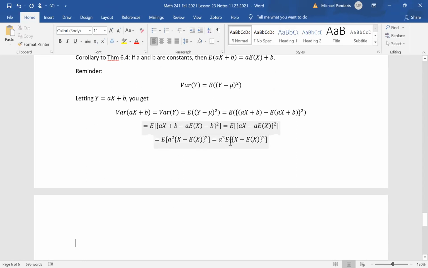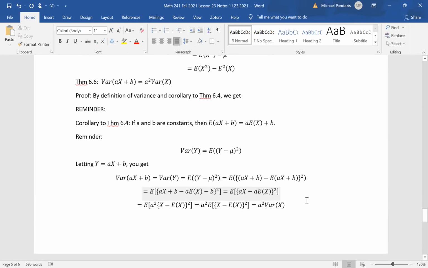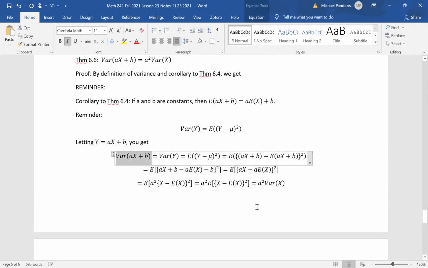Well, the expected value of (X minus E of X) squared is equal to the variance of X. So this is A squared times the variance of X. So what we just showed is that the variance of AX plus B is equal to A squared times the variance of X. That's the theorem. Okay, and so now that's proven.